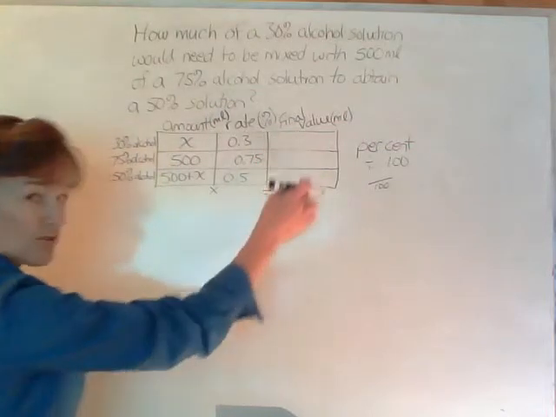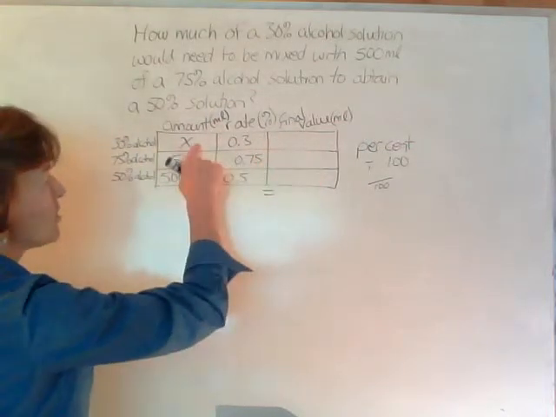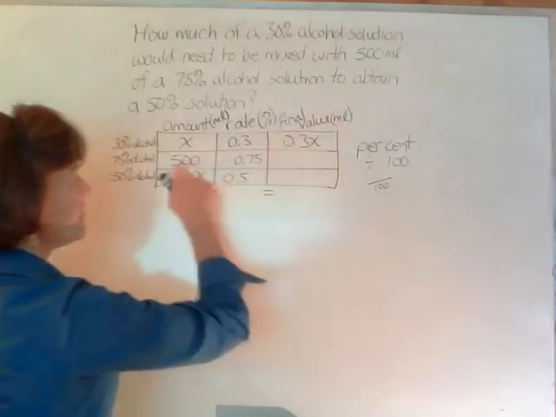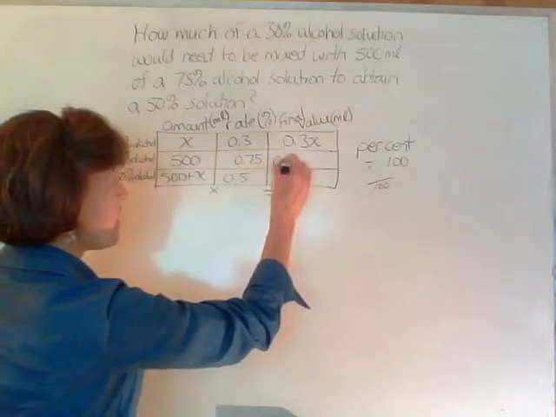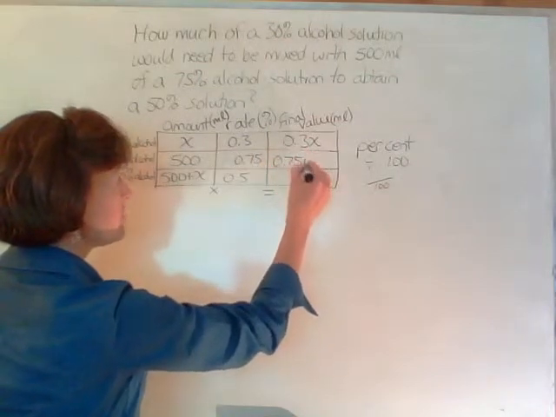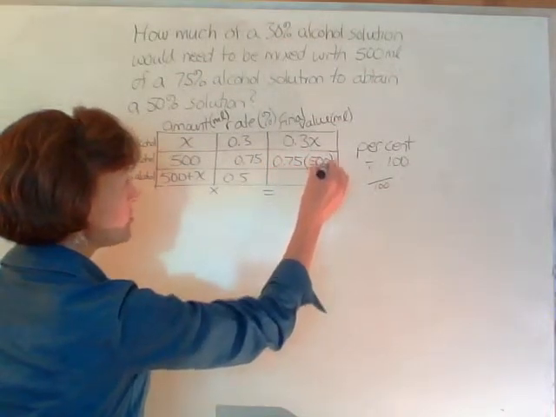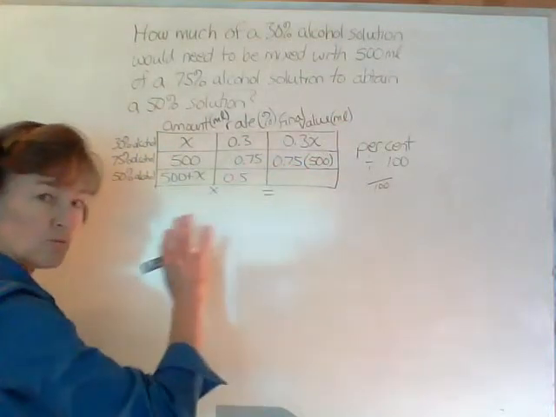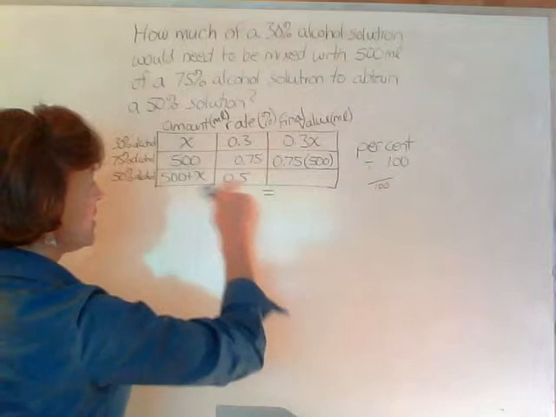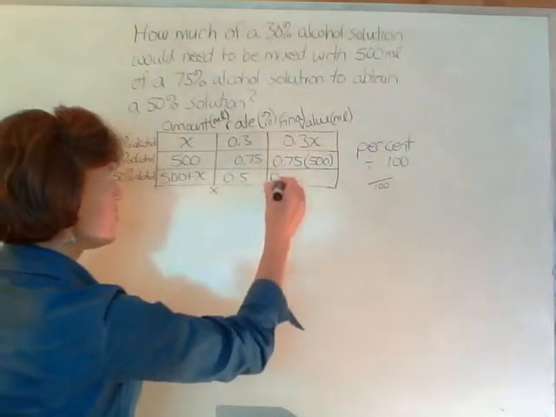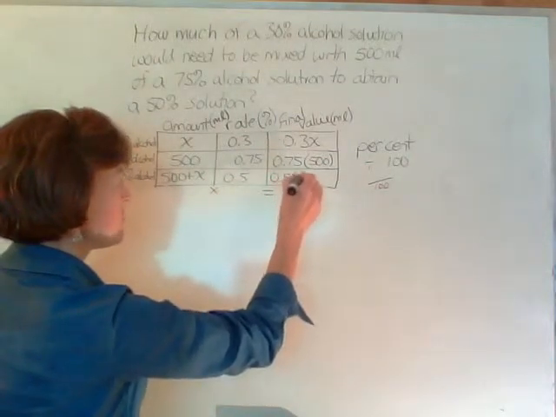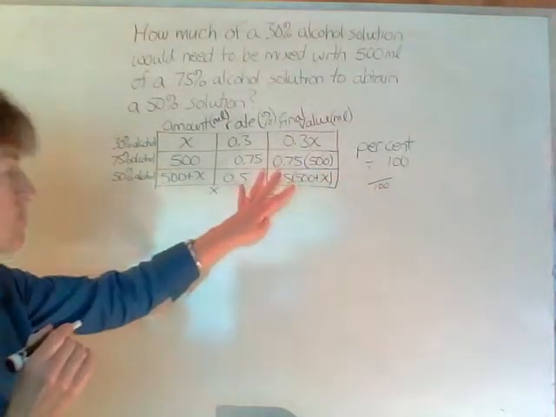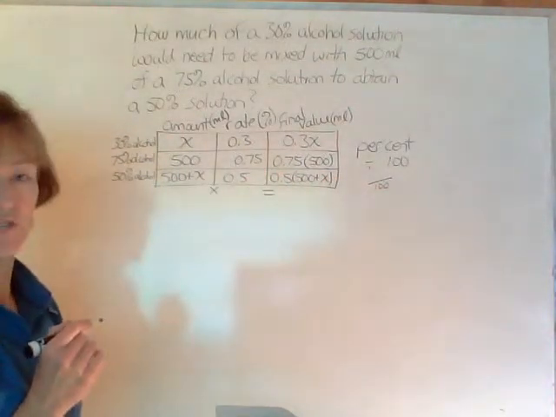So x times 0.3 is 0.3x. 500 times 0.75 is 0.75 times 500. I'll save my math to do later when I'm working the equation. And then the last row is 0.5 times 500 plus x. It's so much better if you save the math to do inside the equation.